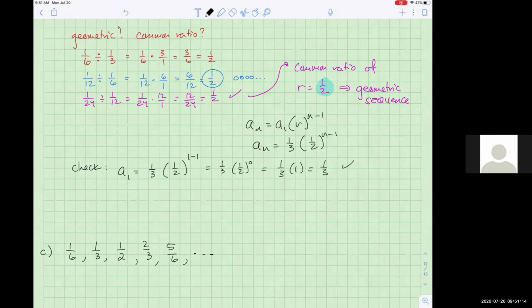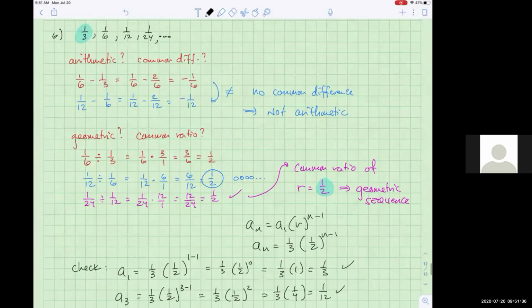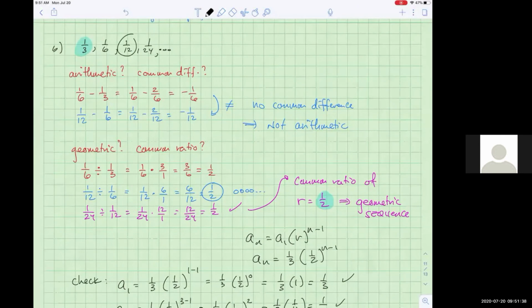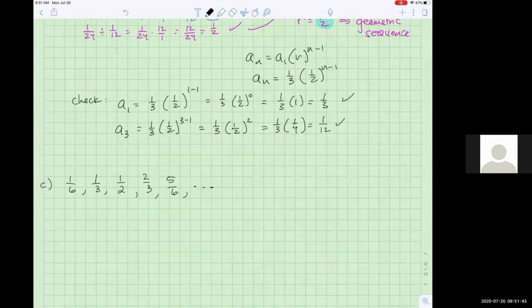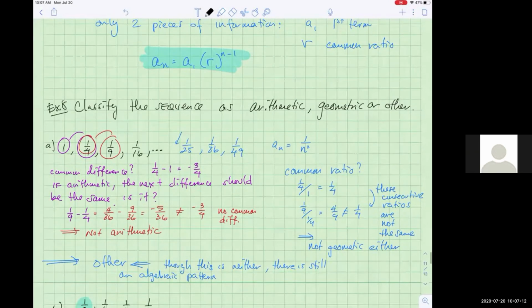So it worked for that first term. Let's spot check another one. Let's check the third one. 1/3 times 1/2 to the 3 minus 1, or sorry, 1/3 times 1/2 squared, which is 1/3 times 1/4, which is 1/12. Check, as that is our third term. So seems to be working out. Okay, so it was in fact geometric.